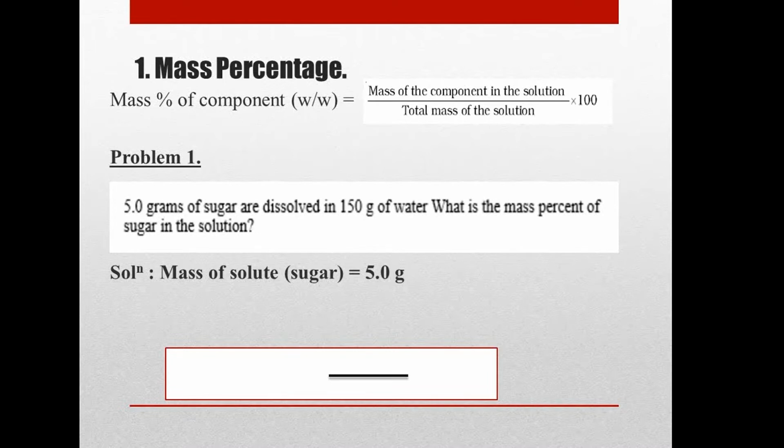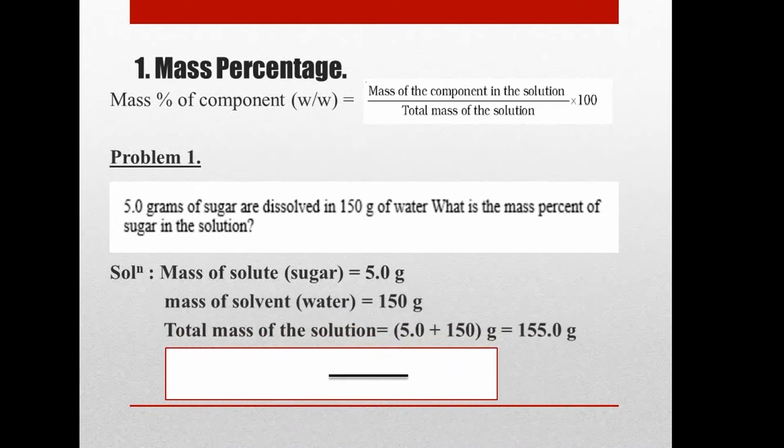So the mass of the solute will be 5 gram and the mass of the solvent will be 150 gram. So the total mass of the solution will be the mass of the solute plus the mass of solvent. So that will give 155 gram.